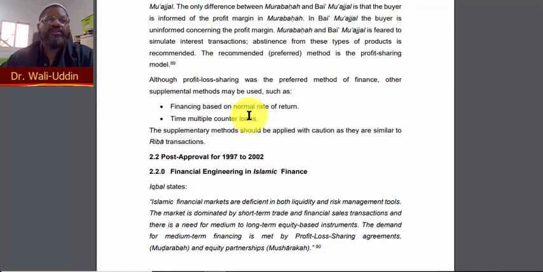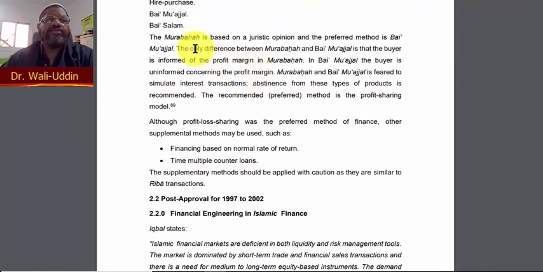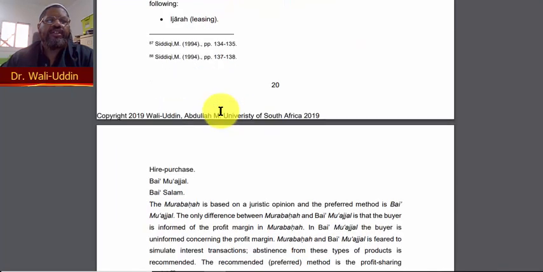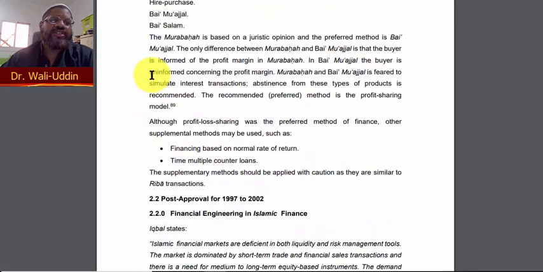So here, distinguishing the different types of contracts, and here distinguishing something I found. When you're studying the literature, you're going to find things, and this is where you bring them up. Bay' mu'ajjal, in murabaha here, and I found this, and I didn't know it.